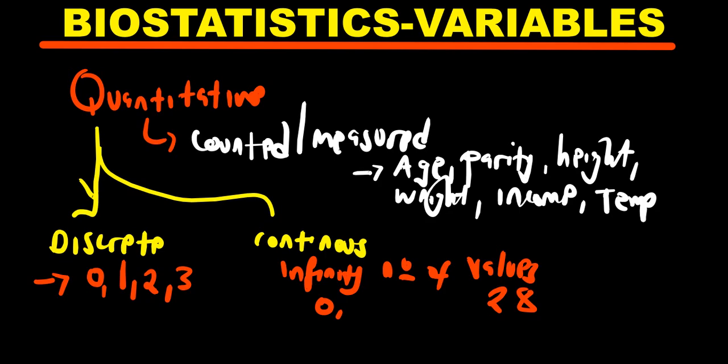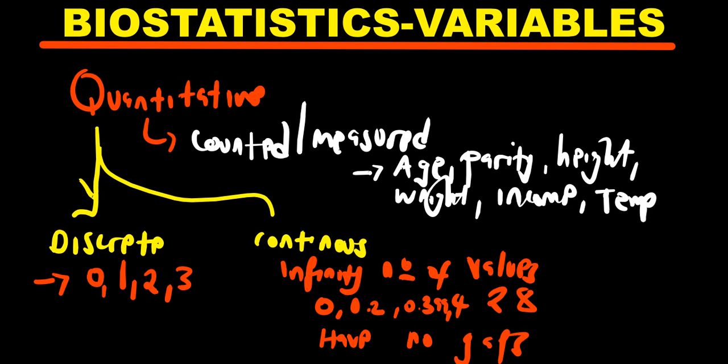We can talk about 0.2, we can talk about 0.399, we can talk about 4. As long as it's from 0 to 28, it will get all the values. In this case there are no gaps. It will include all the fractions, all the decimals. So continuous quantitative variables have no gaps.